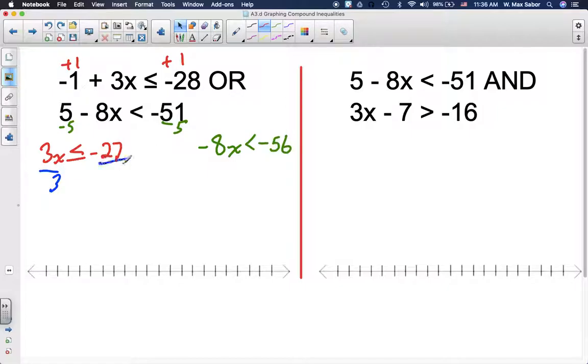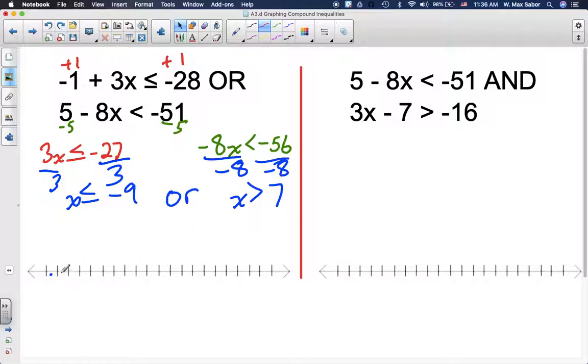Divide by 3. Divide by negative 8. X is greater than 7. This is an OR statement. So we have negative 8, negative 6, negative 4, negative 2, 0, 2, 4, 6, 8, 10. We have greater than 7 or less than or equal to negative 9.